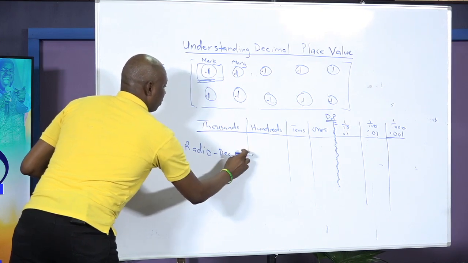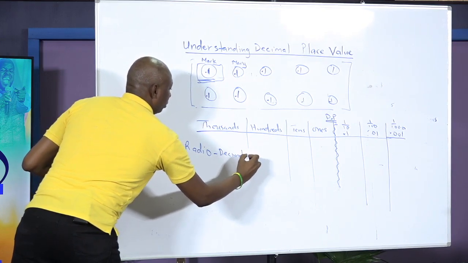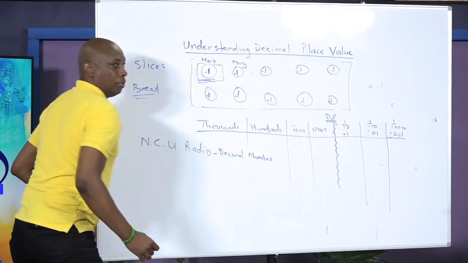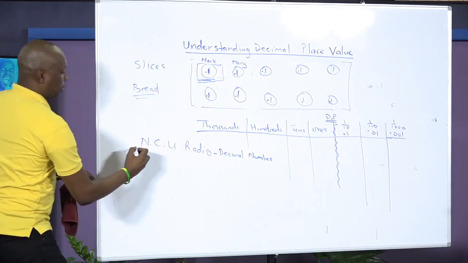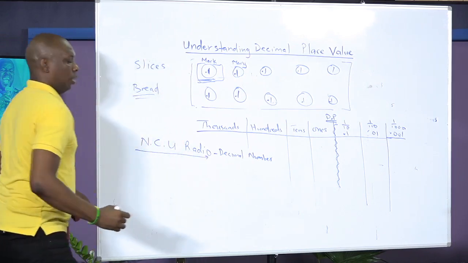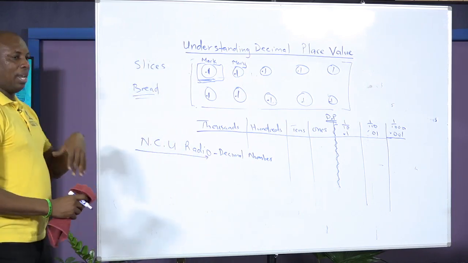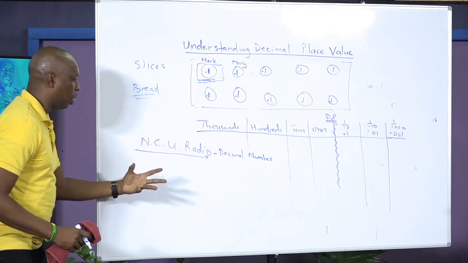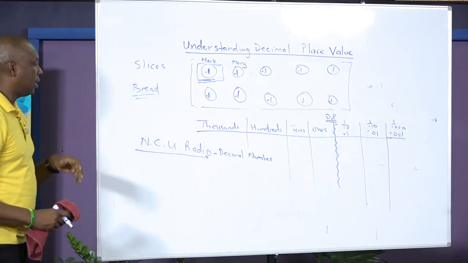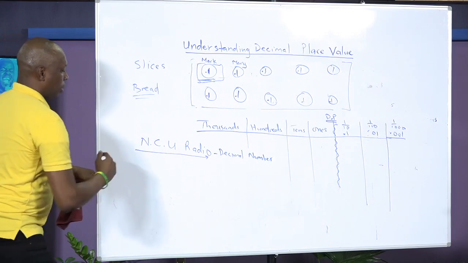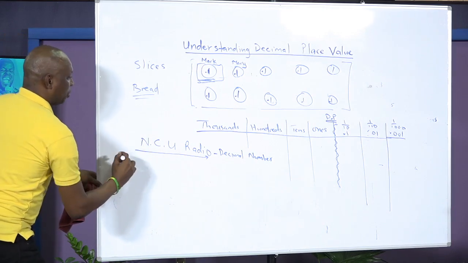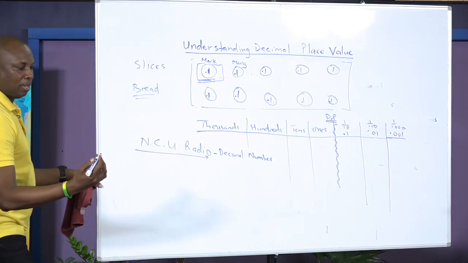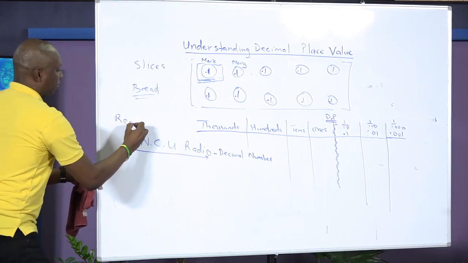And there's a prize for someone who can tell me. If you were to tune into NCU radio, it's going to be 100 and something or 90. I'm just giving you a clue. You can tell me what it is. There's a prize for you. So if it has to do with radio, you're going to hear a decimal number being used. So this is decimal in real life.